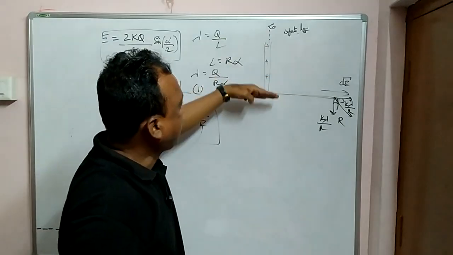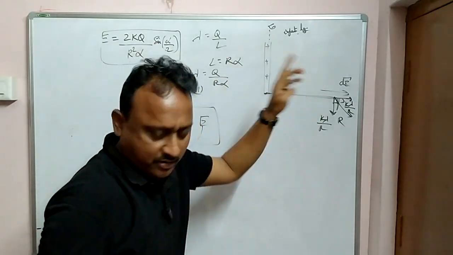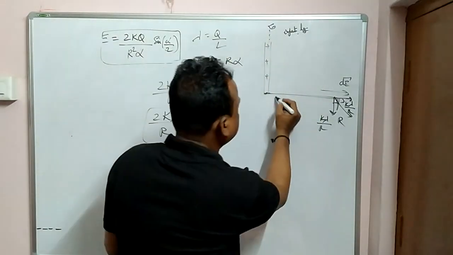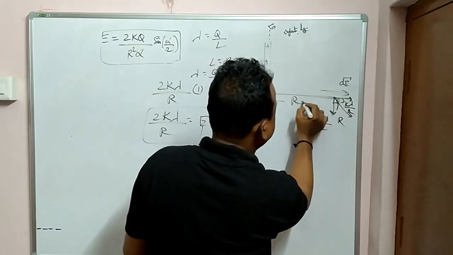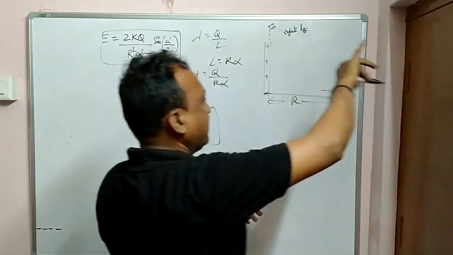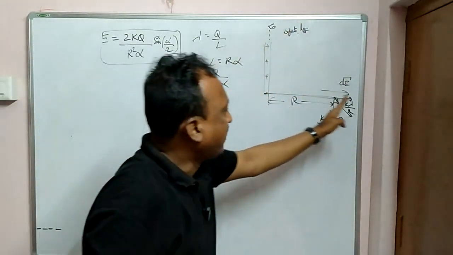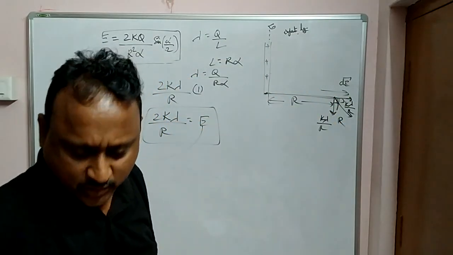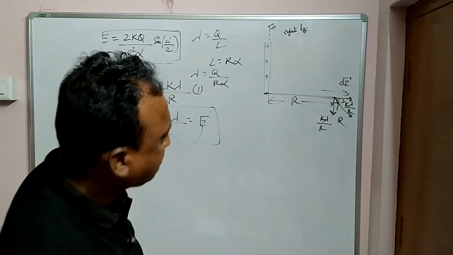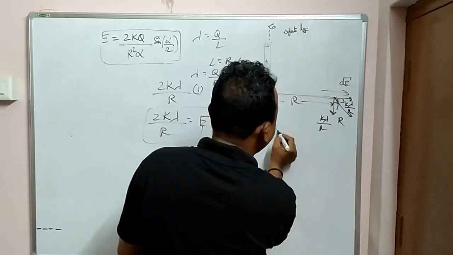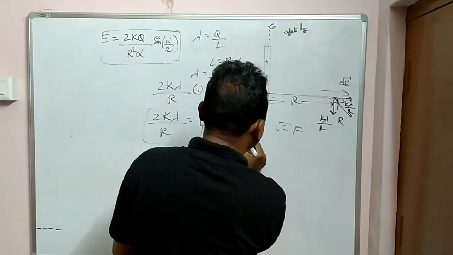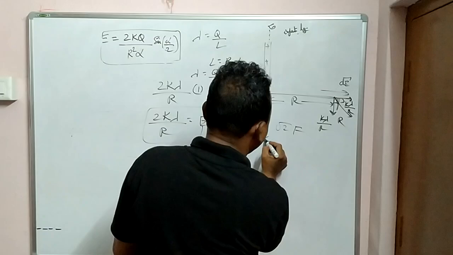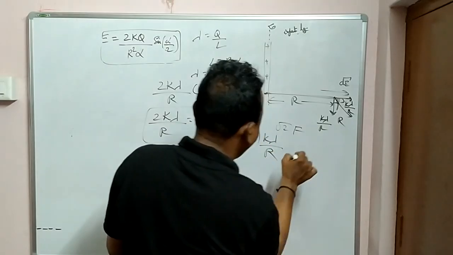Here it is infinity and here it is finite. In such a case, if this distance is given as r, at this point the E going this side has one component in the x direction, k lambda by r, and one in the y direction, also k lambda by r. So two equal forces; the resultant is √2 into F, that is √2 into k lambda by r.